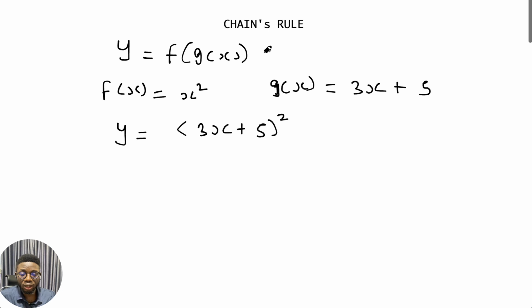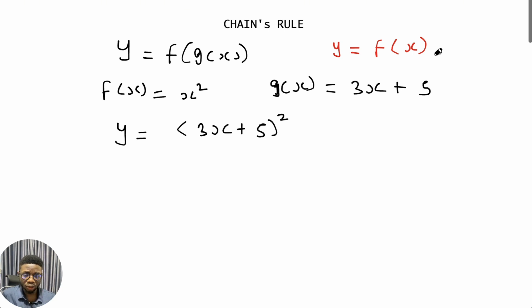Originally, what we're supposed to have is a function standing on its own, like y equals f of x. So basically, when you have functions such that in any position where x is supposed to be, you have an entire function that can stand alone on its own, that is when you apply the chain rule.